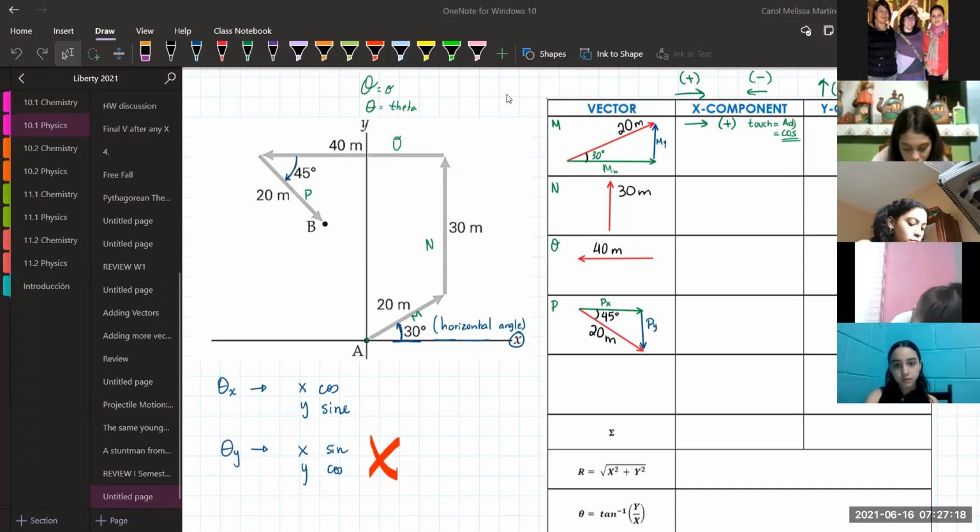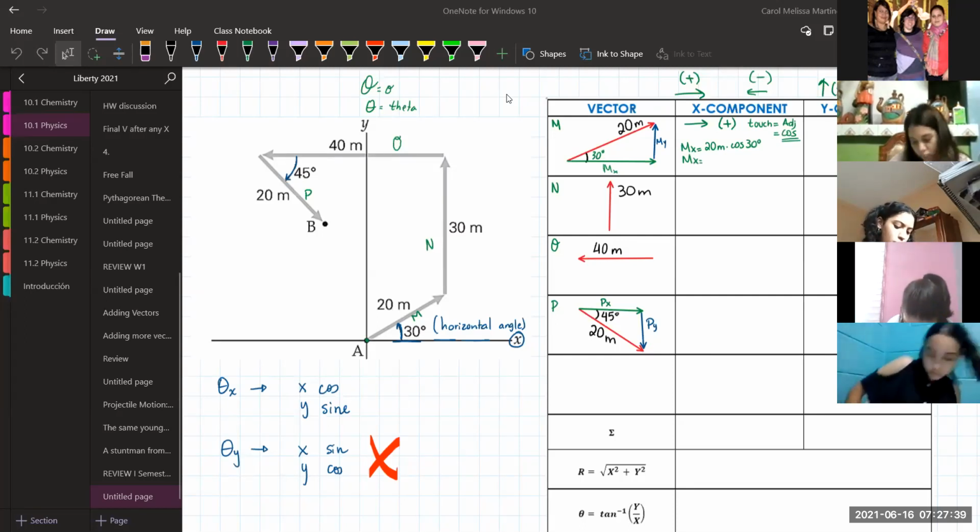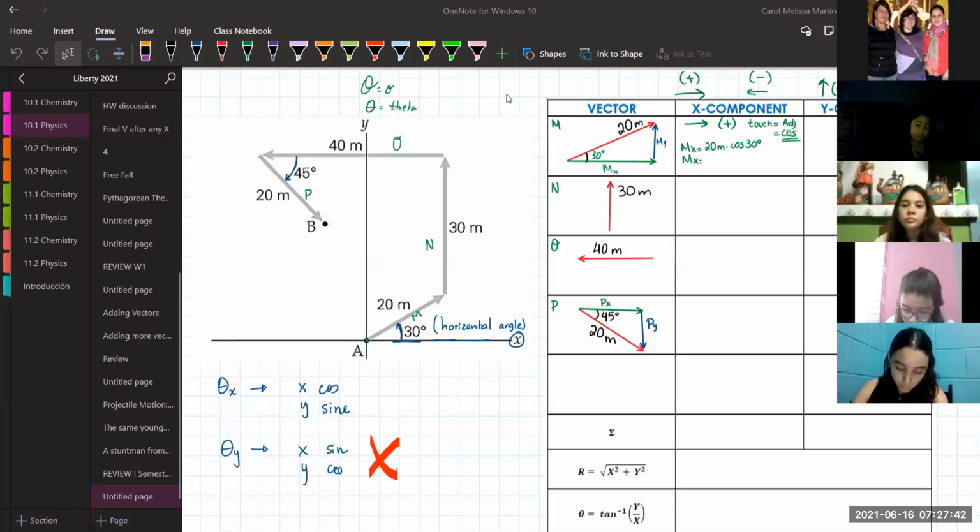So Mx is going to be equal to 20 meters times cosine of the angle, which is 30. How much is this? 17.32 meters. Again, I repeat, this is positive. So positive 17.32 meters. That will be my first answer.